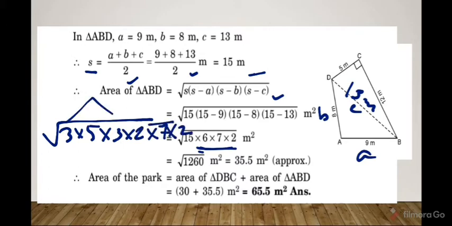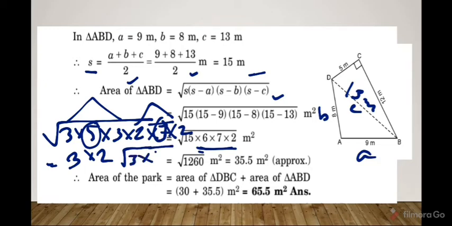From these, a pair of 3s comes outside, and a pair of 2s will be outside. As you can see, this 5 and this 7 do not have any pair, so they will remain under the root, root 5 into 7.